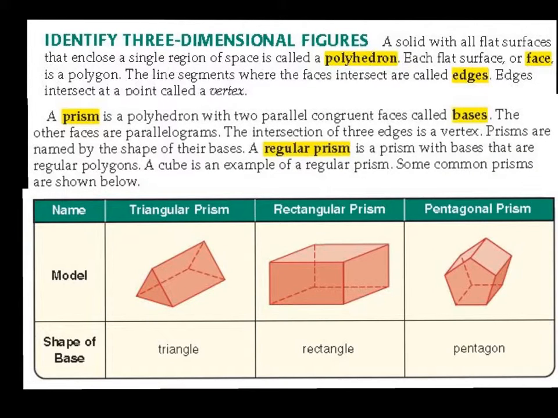So a triangular prism has, here's a vertex, this is an edge, that rectangle makes a face, and the bases would be these triangles. It's whatever shape we could slide all the way through and be consistent throughout. Now, in a rectangular prism, we could pick any one of the faces to be the base, because I could always slide the rectangle through.